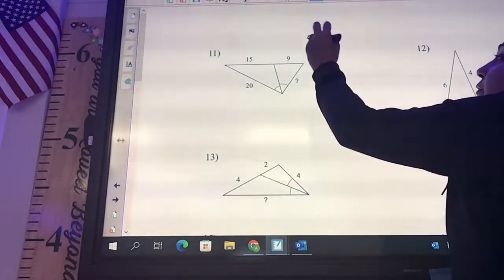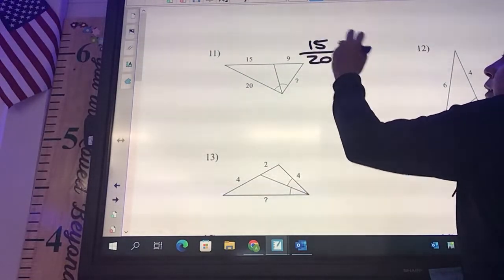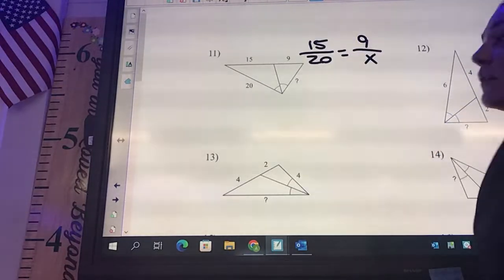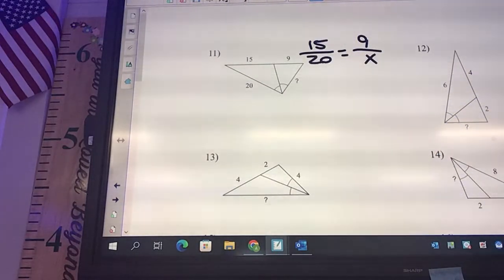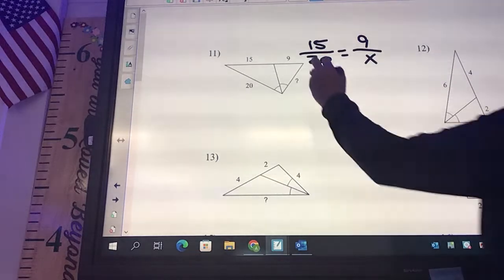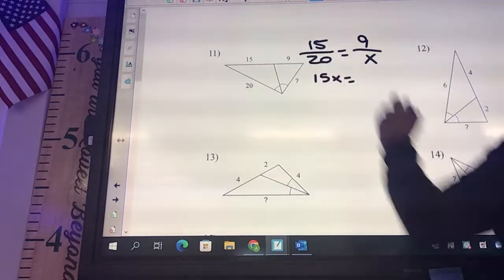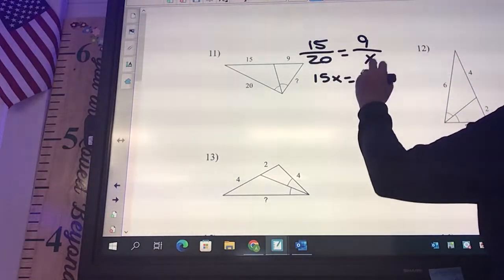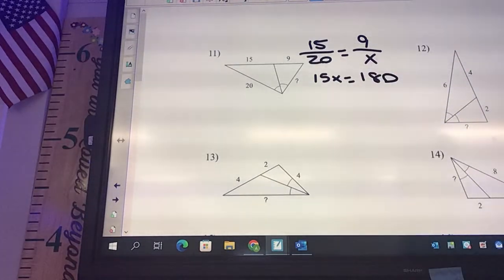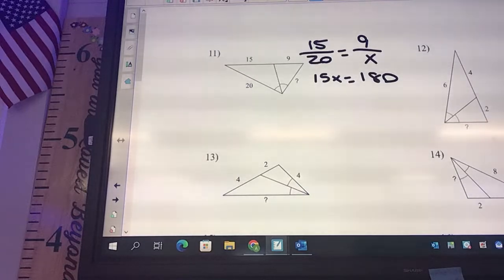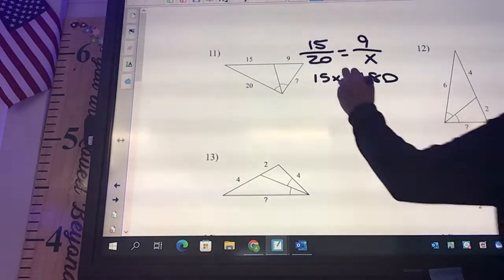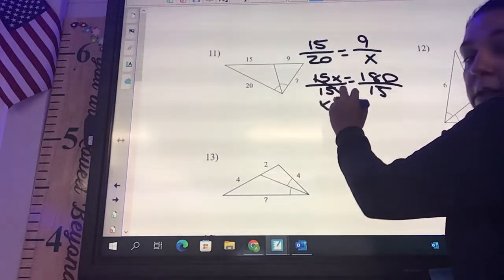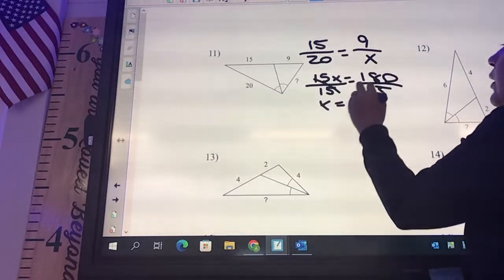Okay, we get 15 over 20 is equal to 9 over x. So you've got 15x is equal to 180. And we're going to divide by 15. So you get x equals 12.